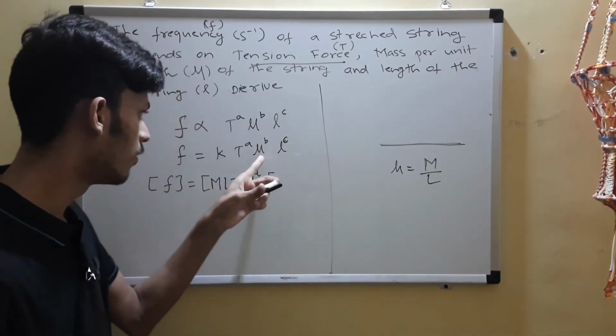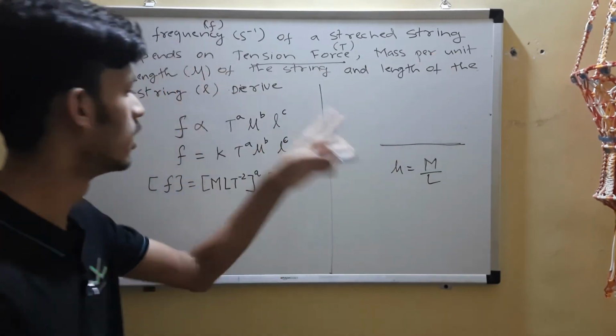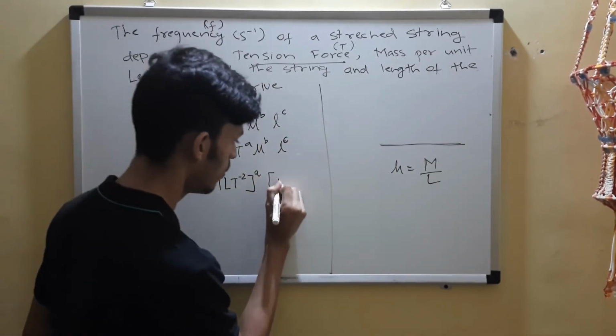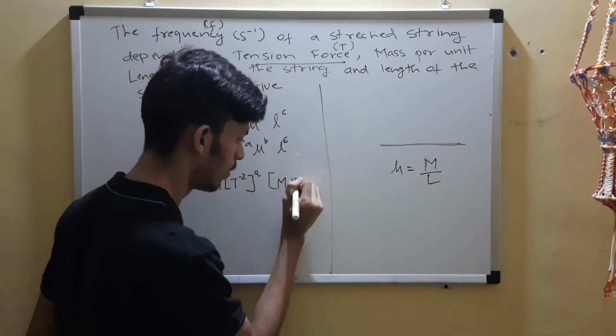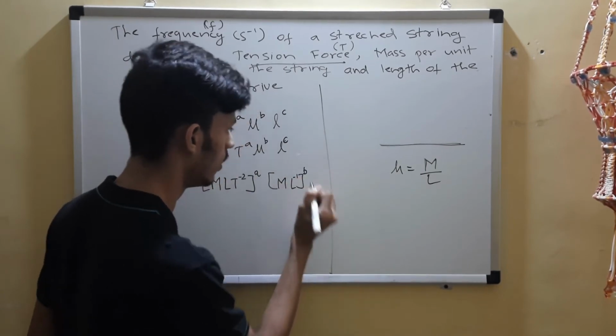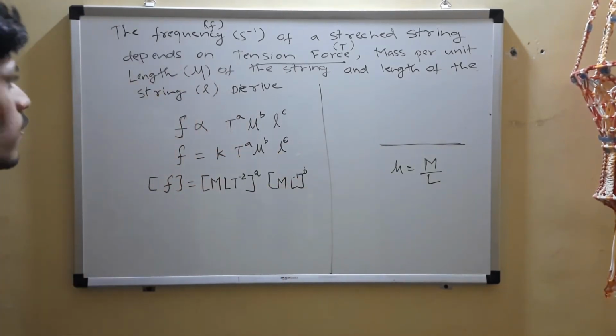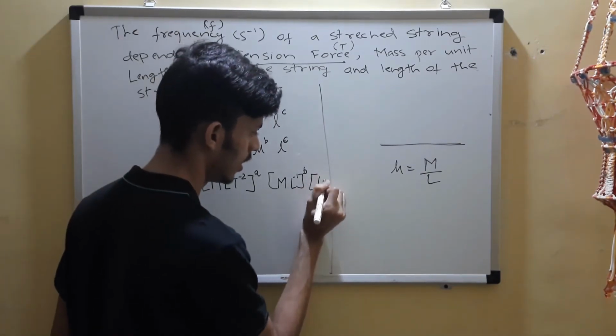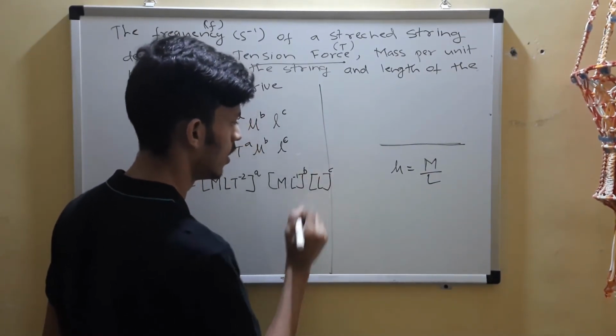And here we have mu, which is mass per unit length, or the formula is this. So M, we got L on top is to minus 1, raised to B, and finally the length of the string, which we can simply say as L because it's a length.